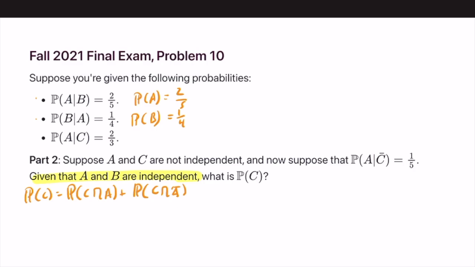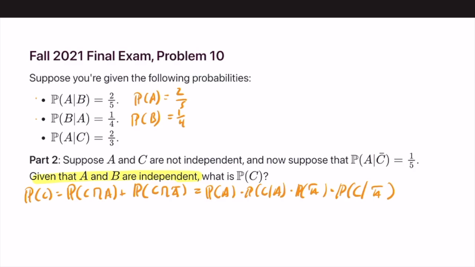This expands out with the law of total probability: the probability of C given A times the probability of A, plus the probability of C given the complement of A times the probability of the complement of A. And I really can't go further there.